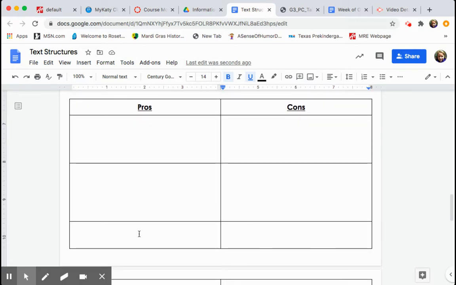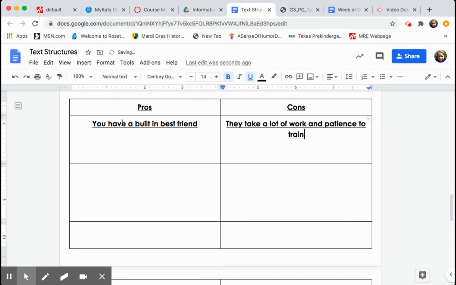Now I could have a whole chapter on pros and cons of having a dog, right? So a pro would be you have a built-in best friend. A con would be they take a lot of work and patience to train.